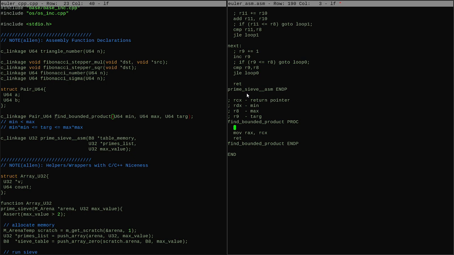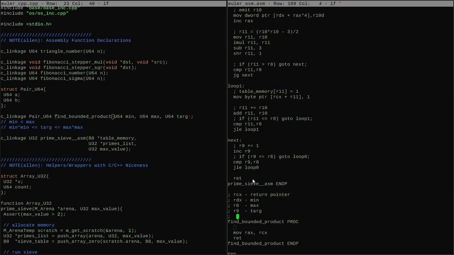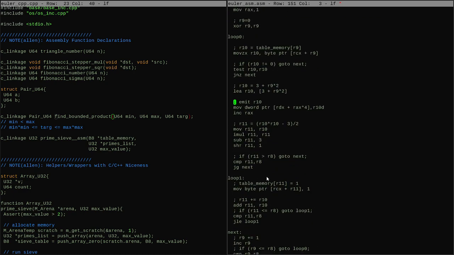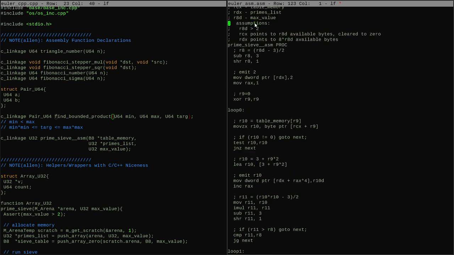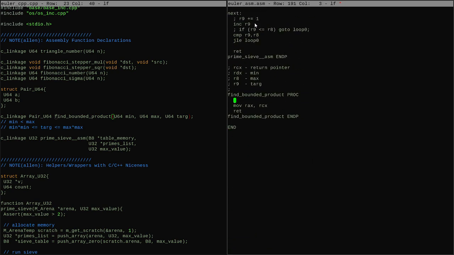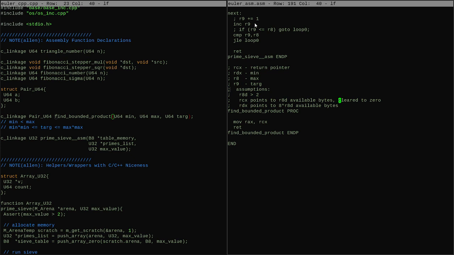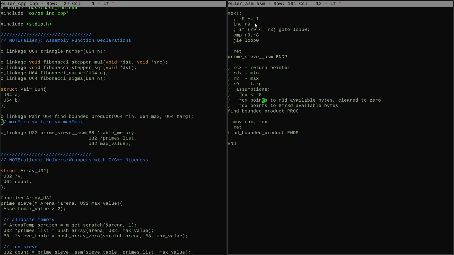Now, in the meantime, what we want to do is figure out how to compute this, like run this algorithm. We're going to throw in our assumptions here. I'm going to use the same layout that I've already been using. Assumptions, so here we have RDX needs to be less than R8. That's this one. RDX squared is less than or equal to the target is less than or equal to the max squared.